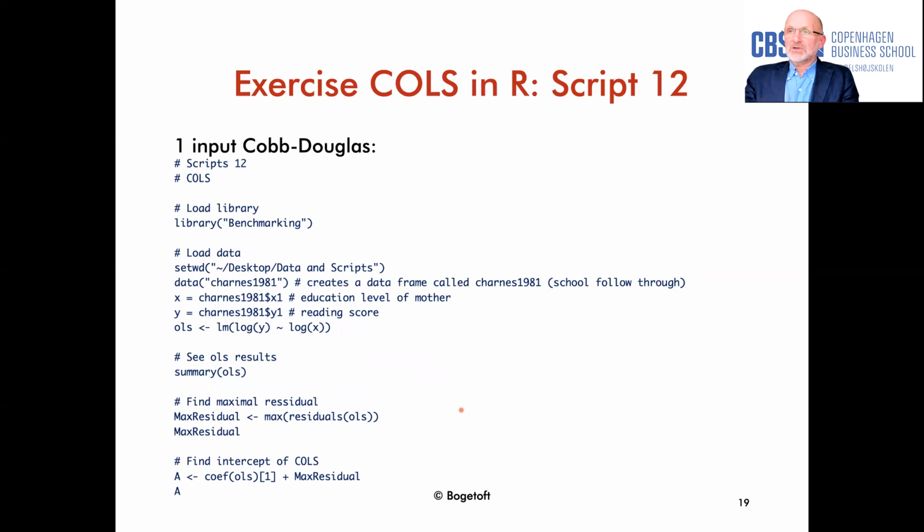Good. You can go and try these things, and I've made a small script which you can try. You load the benchmarking package, you load some data. These are data from an old paper by Chance and others about school performance. You do the OLS on the logs, and you see the OLS results with the summary. You can find the maximum residual by taking the maximum over the residuals. Then you can construct the COLS model, the corrected ordinary least squares, the one produced by parallel shift.